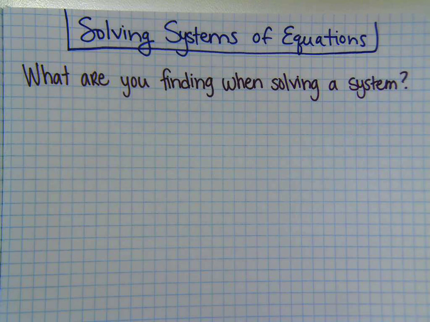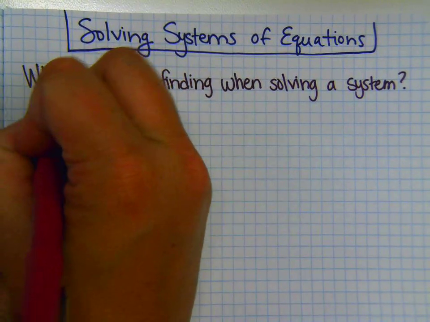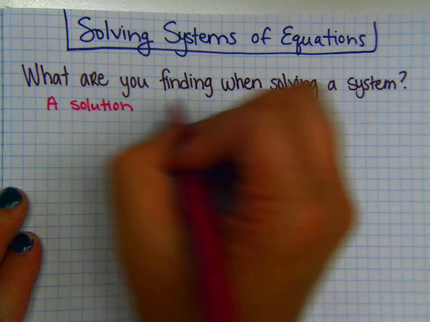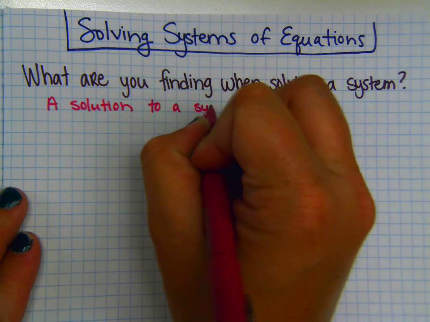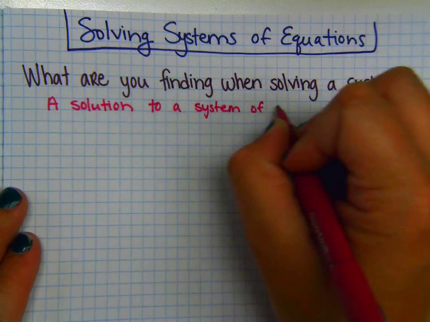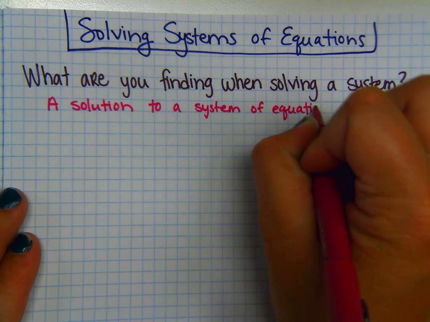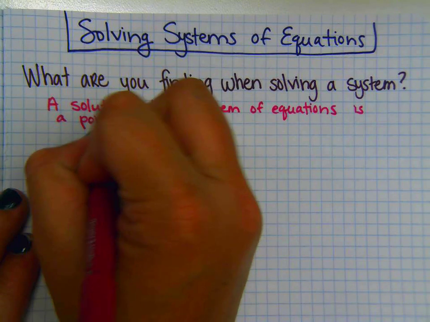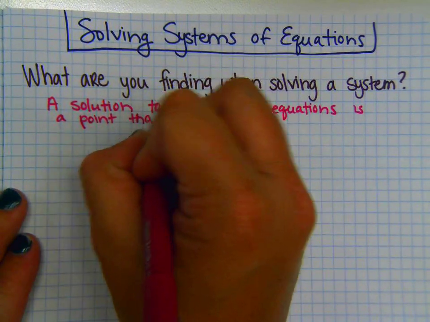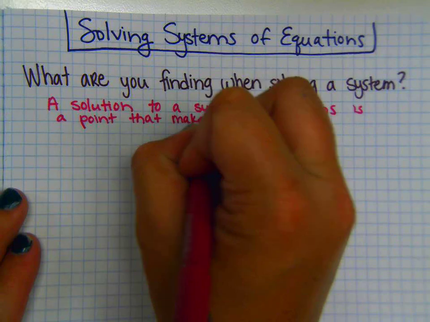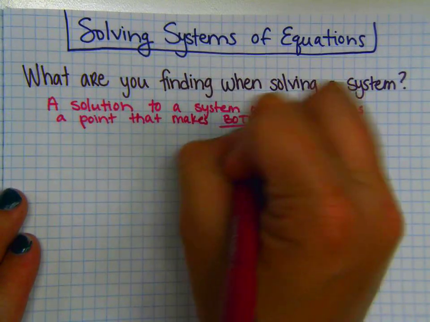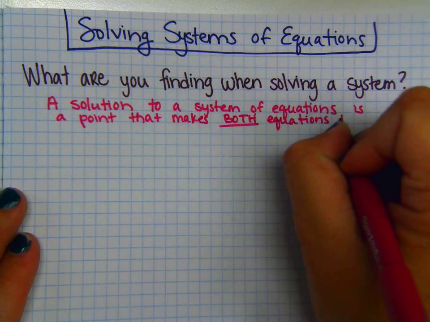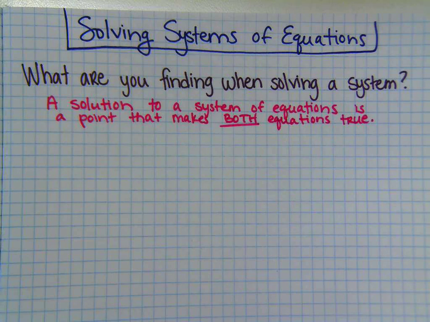Okay, so a solution to a system of equations is a point that makes both equations true. So it's a point that makes both equations true.